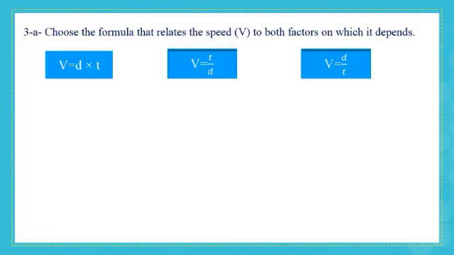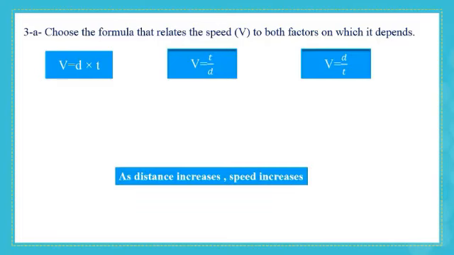Speed is symbolized by letter V, distance by letter D, and time by letter T. As we have learned, speed increases with the increase of distance. So, distance and speed are directly proportional. For that, Formula 2 is excluded. Formula 1 and 3 are left.